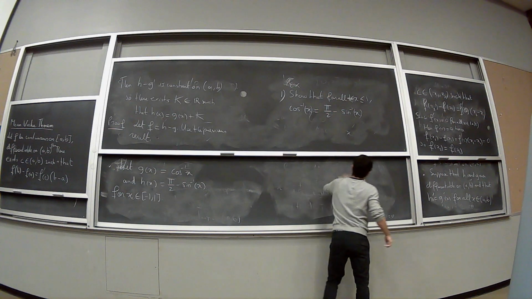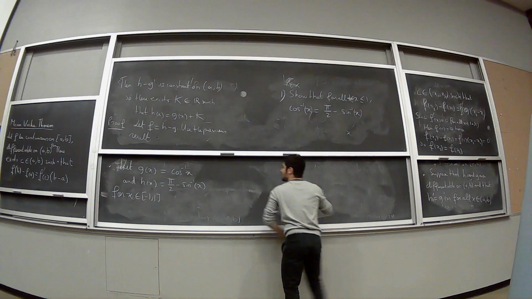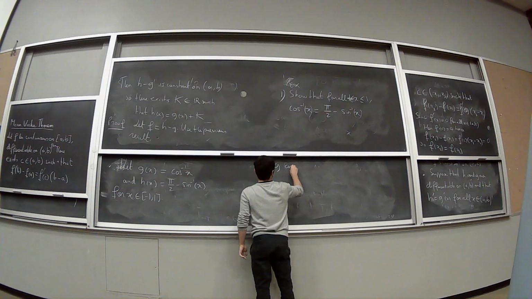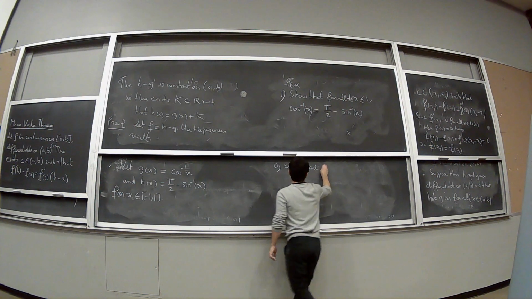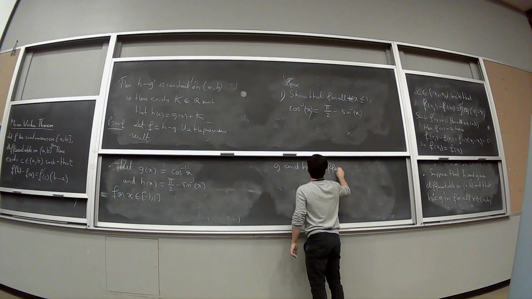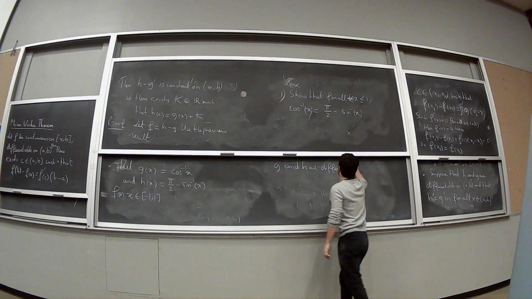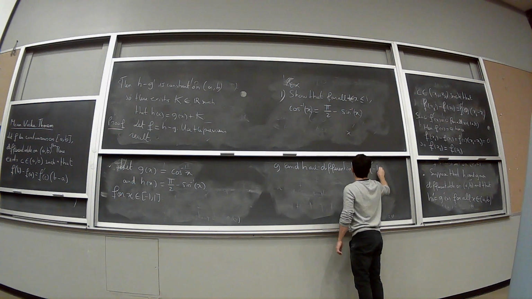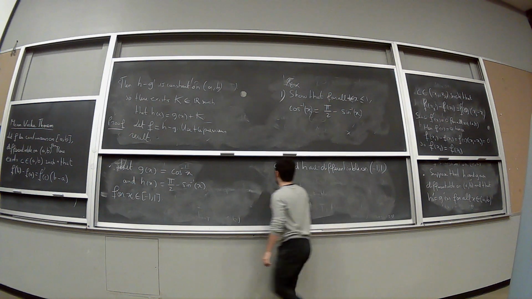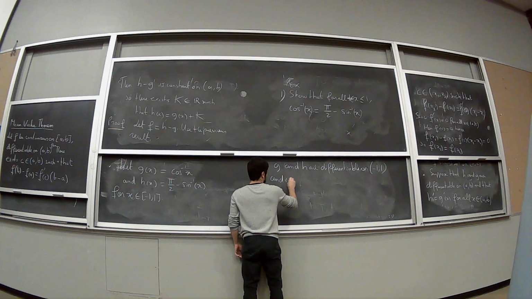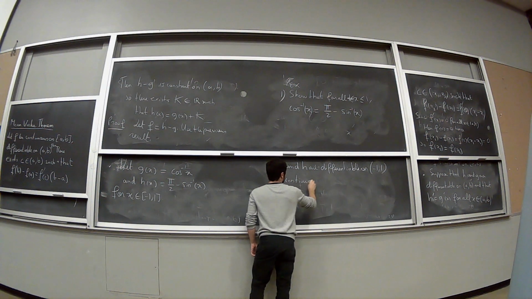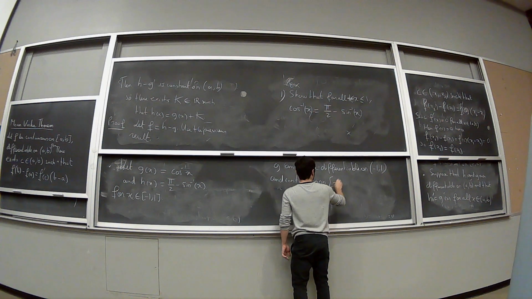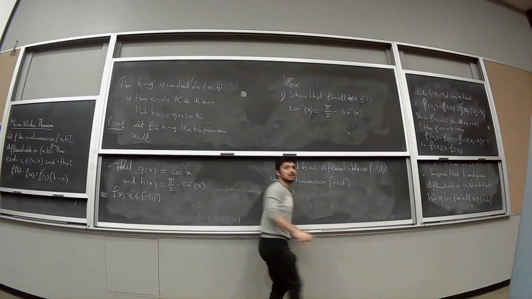Now g and h are differentiable on (-1, 1) and continuous on [-1, 1]. That's clear, right?